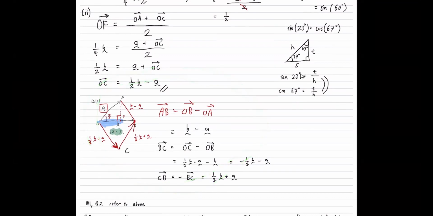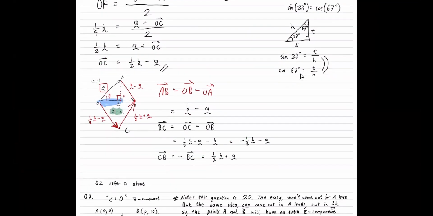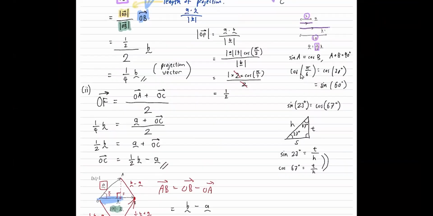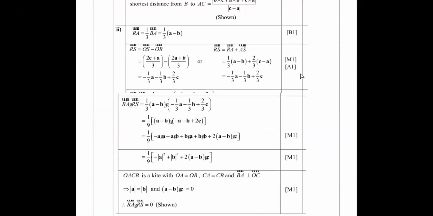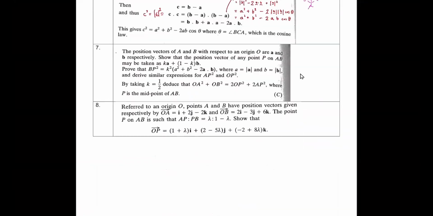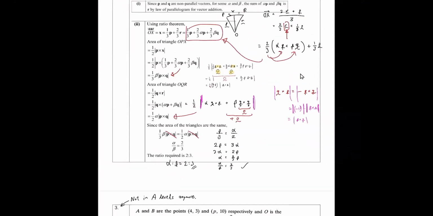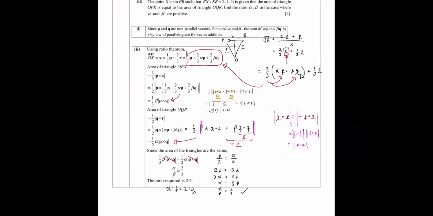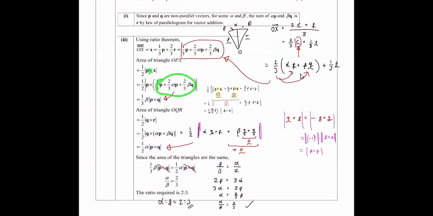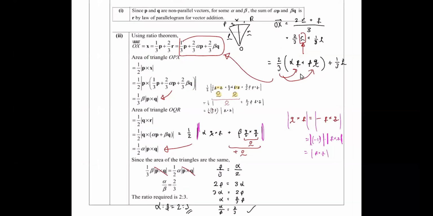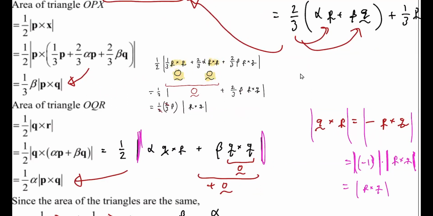Question 1, part 2. Then question 2, I also went through with you. Part 1 is not likely to come out, but part 2 is more likely. Part 2 is just testing you on how to use the area of triangle formula. Then you take the cross product. They're also testing you on the fact that P cross P is the 0 vector, so you can simplify things a lot.